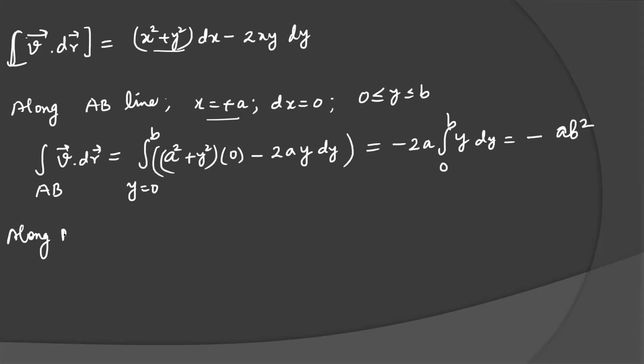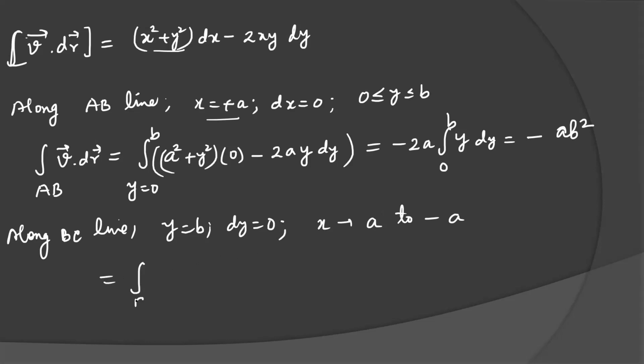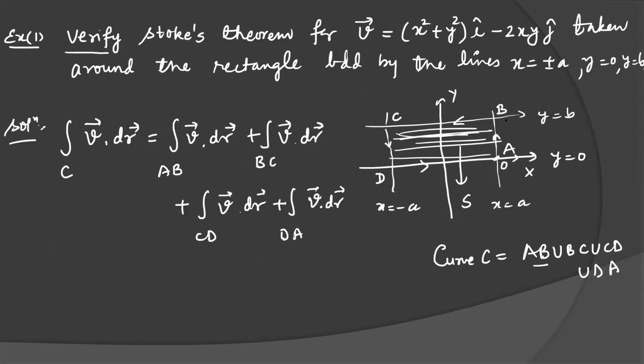Along the BC line. The BC line is actually the line y equal to b. This is a constant line, dy equal to 0. Here x is varying from a to minus a, because we have to take the anti-clockwise direction only.